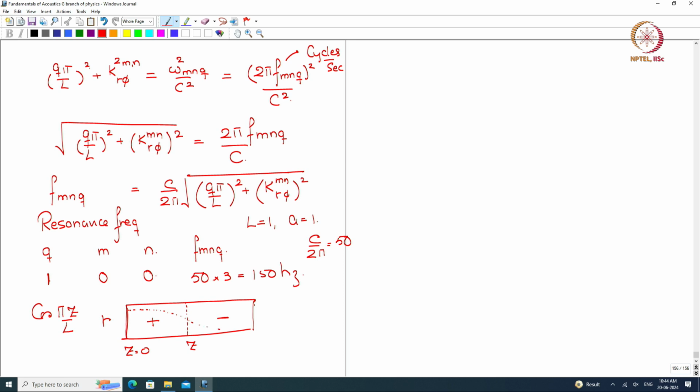At z equal to L, cos pi, I have a minimum. Okay. And if I look at it from this side, it is plus, and if I look at it from this side, okay, let me correct this. If I look at it from this side, it is a minus. Okay. And similarly, if I look at it from this side, it is a plus.